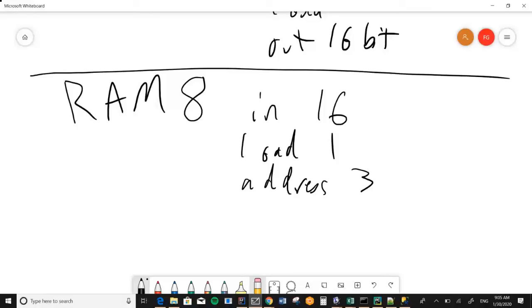And of course, you've also got a 16-bit output, right? So the address bits control which of the 8 memory locations in it. So it'll have 8 registers, right? It'll control which of the 8 is written and which of the 8 is read.